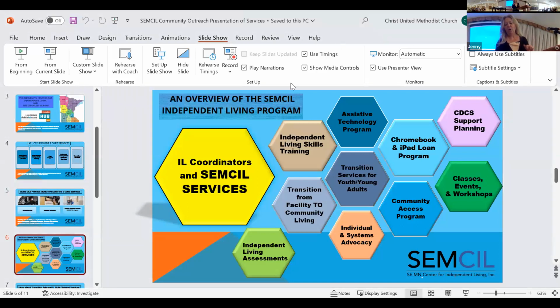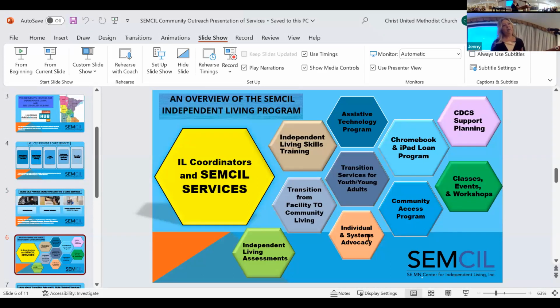So independent living skills, we talked about that a little bit. Transition services, we help individuals. We do have a Chromebook and iPad loan program. So if you're an individual that isn't able to connect virtually, we can loan those devices out to you to use for up to 3 months, maybe for connecting with providers, doctors, teachers, job applications, interviews, that kind of thing.